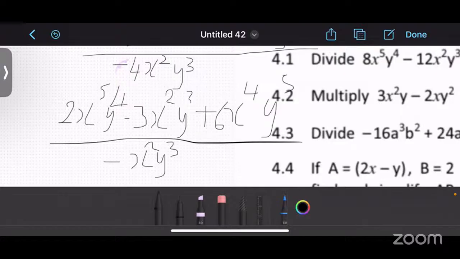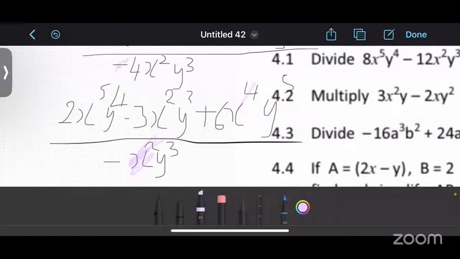Then what I did was that I moved my 2 up, and I subtracted it from my exponent 5 over there, and my x squared next to 3, and then my x to the power 4.